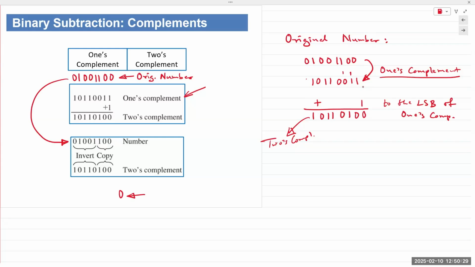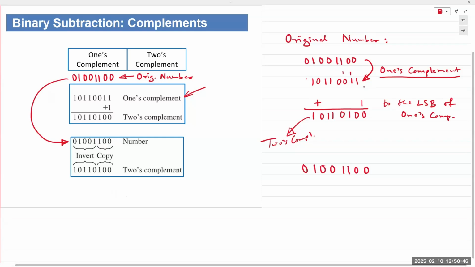The original number is 0, 1, 0, 0, 1, 1, 0, 0. So if I wanted to write the twos complement, I would copy the least significant bit, write down 0, copy the next one, write down 0.